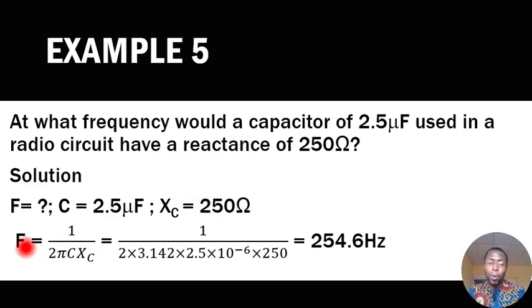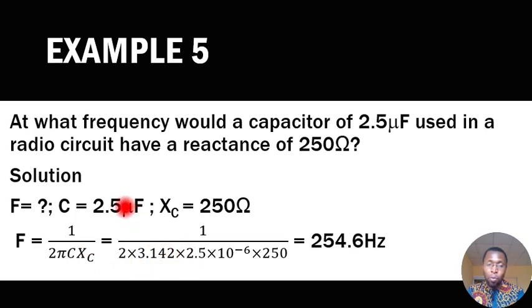So frequency for capacitor is equal to 1 over 2 pi C XC, where C is the capacitance and XC is the capacitive reactance. That will be equal to 1 over, substituting the values, 2 times pi, which is 3.142, times our capacitance, 2.5 microfarad.